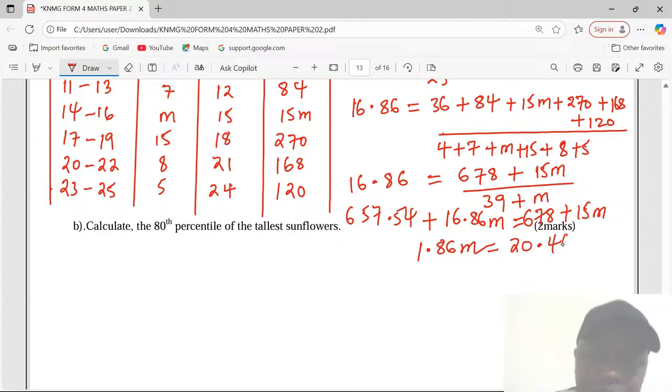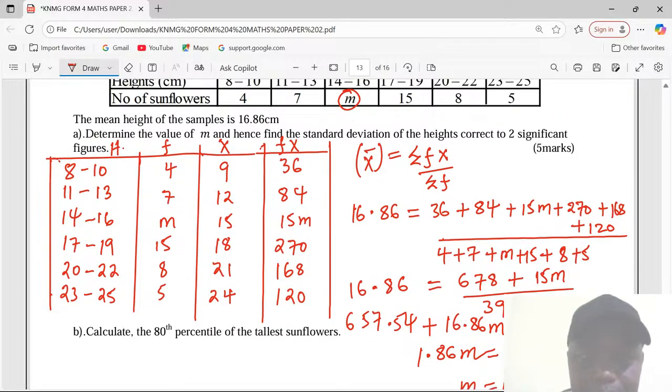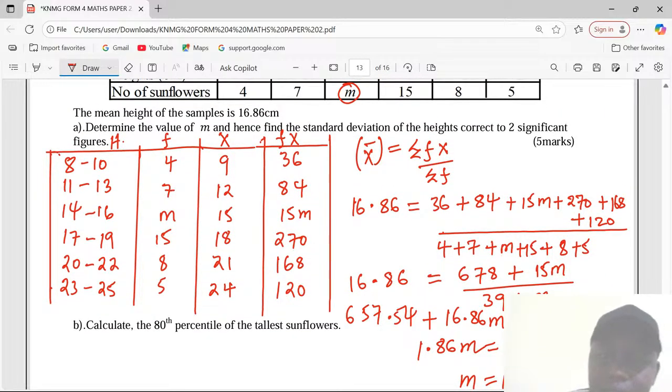So the value of m, when we divide by 1.86, is exactly 11. So the missing value m is exactly equal to 11. M equals 11. That's simple.